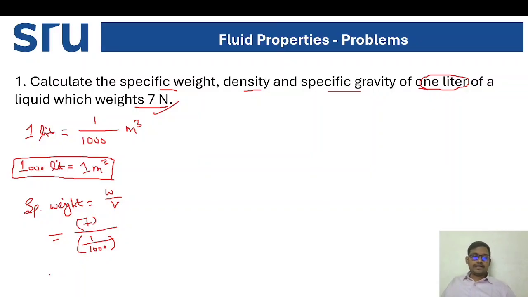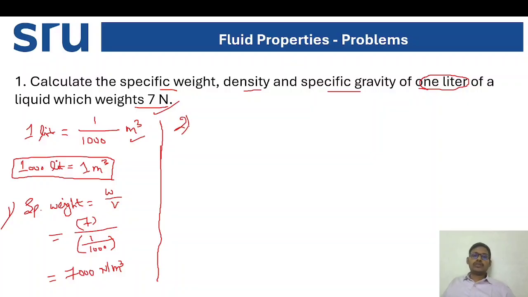Agree? Then 7 by 1 by 1000, that is nothing but 7000 Newton, already weight they have given in terms of Newton, and 1 by 1000 already we know that it is in meter cube. So units is Newton per meter cube. So this is what required. So one stage we have completed, that is first one, specific weight.